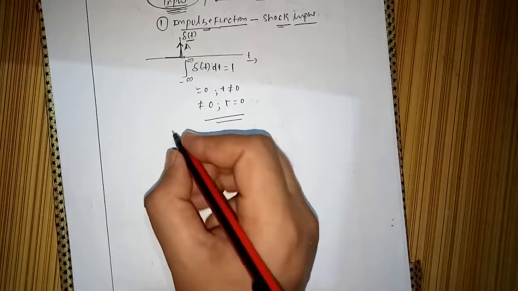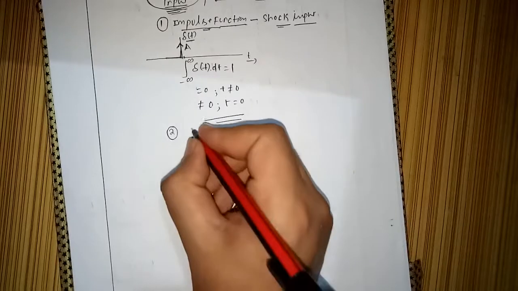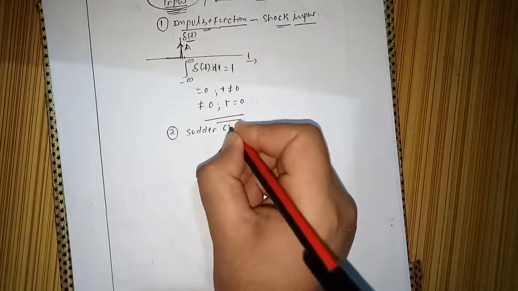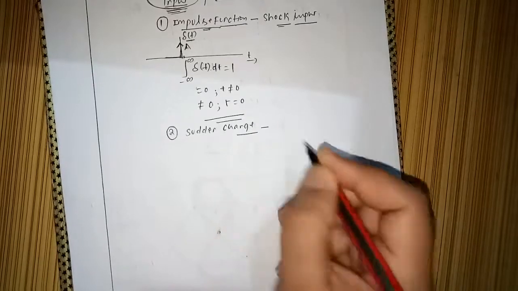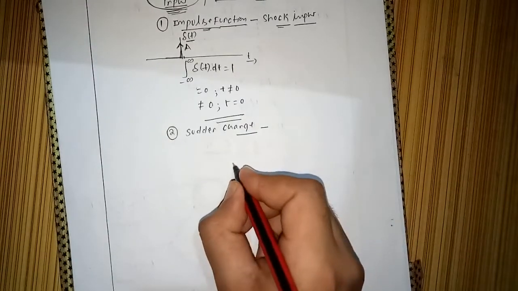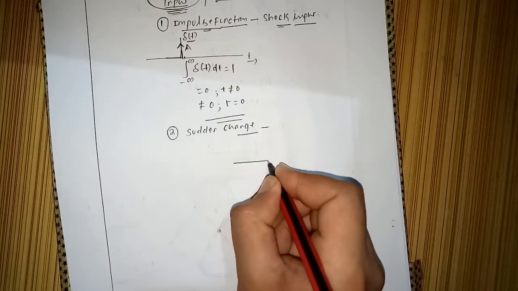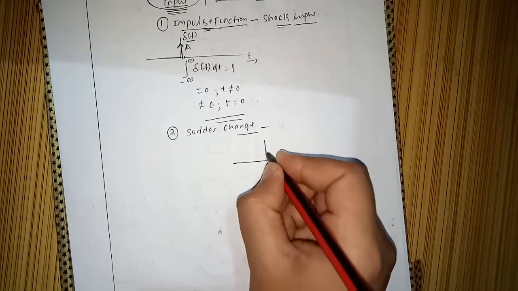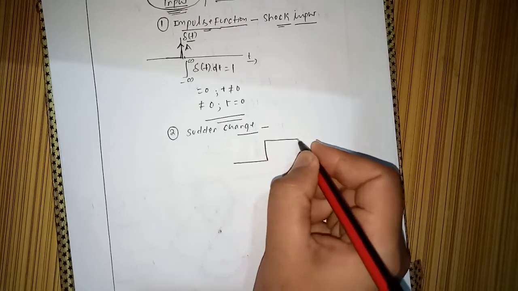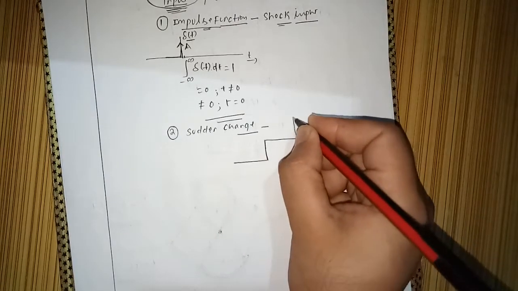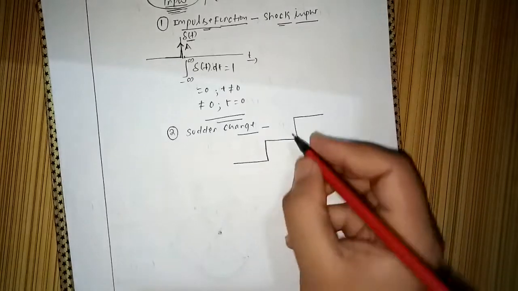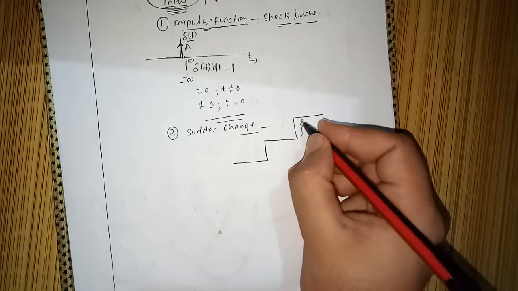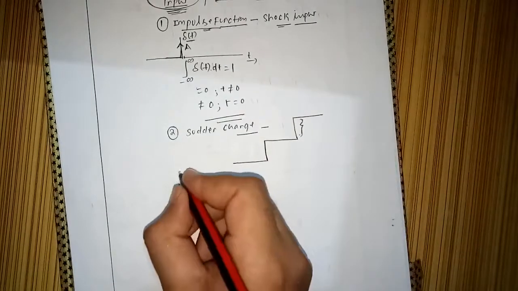And second is sudden change. Say any system is steady with respect to input, and suddenly a step is there and the input changes like this. This kind of sudden change is represented by a step function.